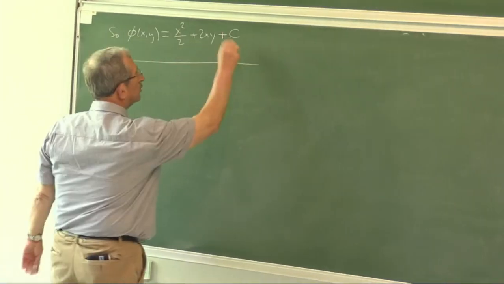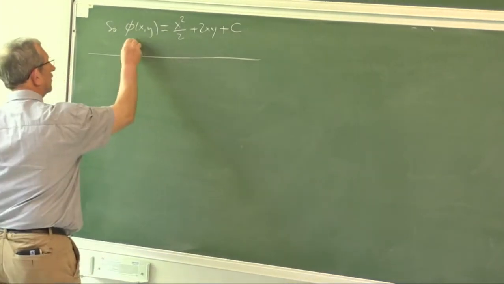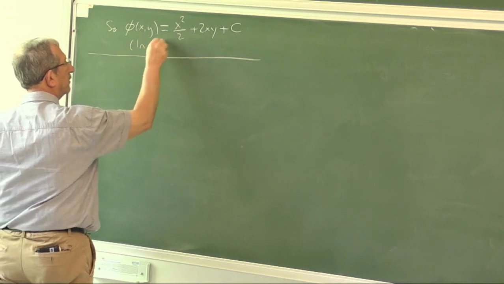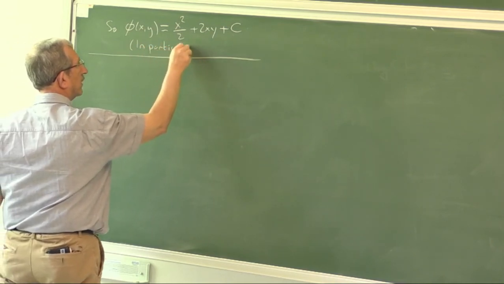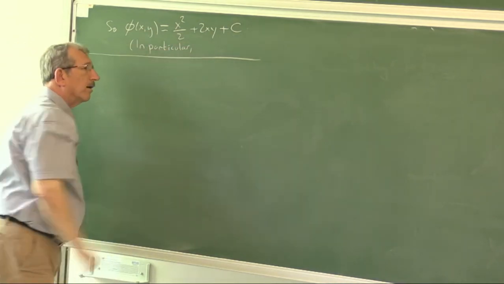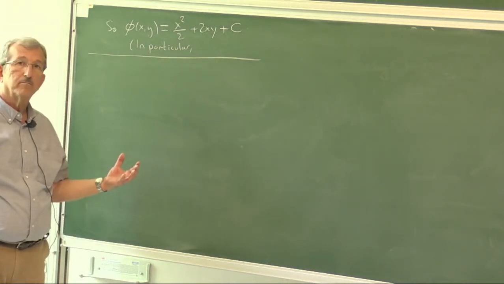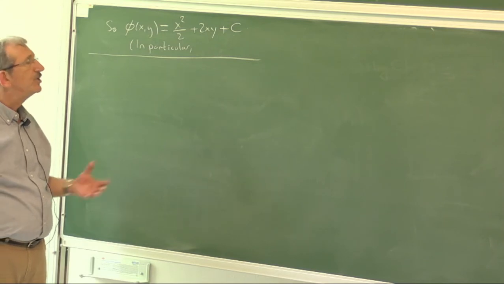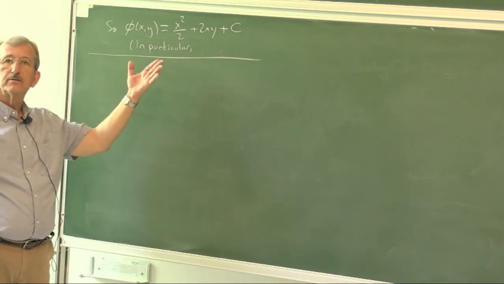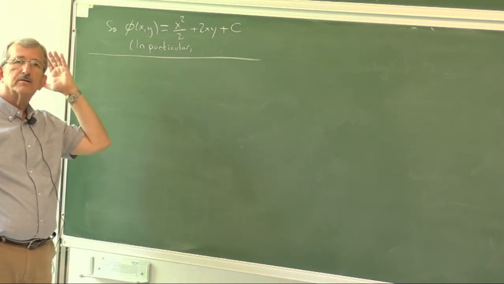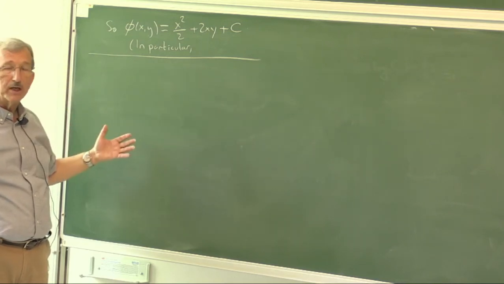Okay. So this also says that, in particular, potentials are not unique. They change with constants. You can add infinitely many constants. So there are infinitely many potentials.